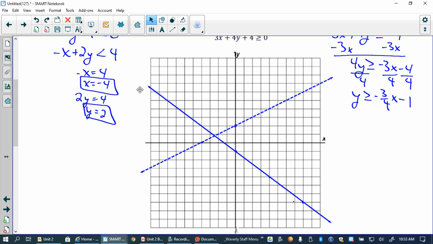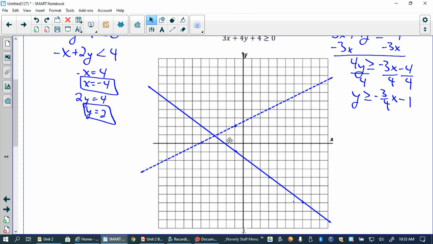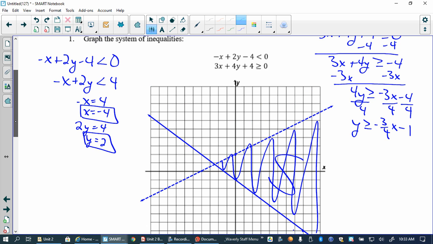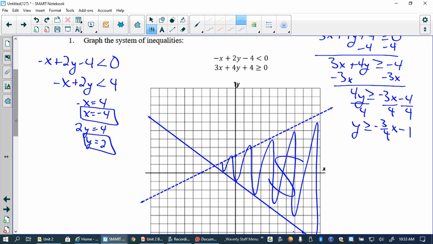We better label these with the original equations, right? So this was -x plus 2y minus 4 equals 0. And the other one was, well, that was the wrong one, wasn't it? I labeled it with the wrong one.